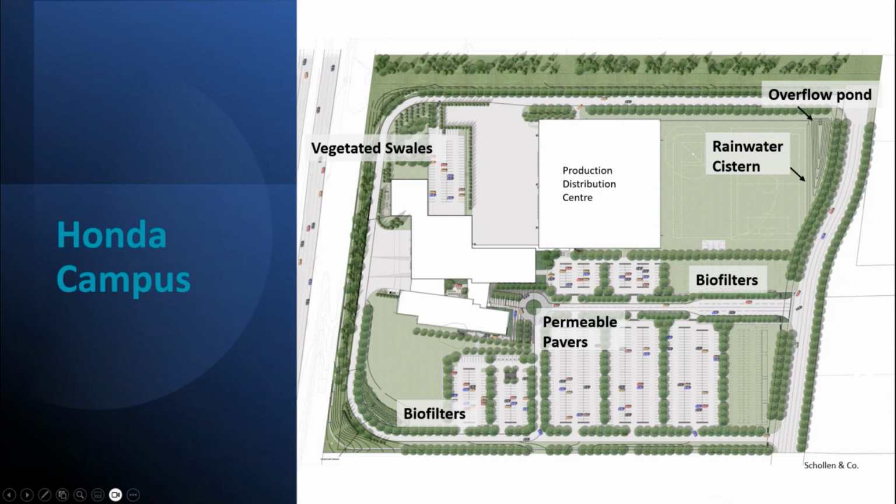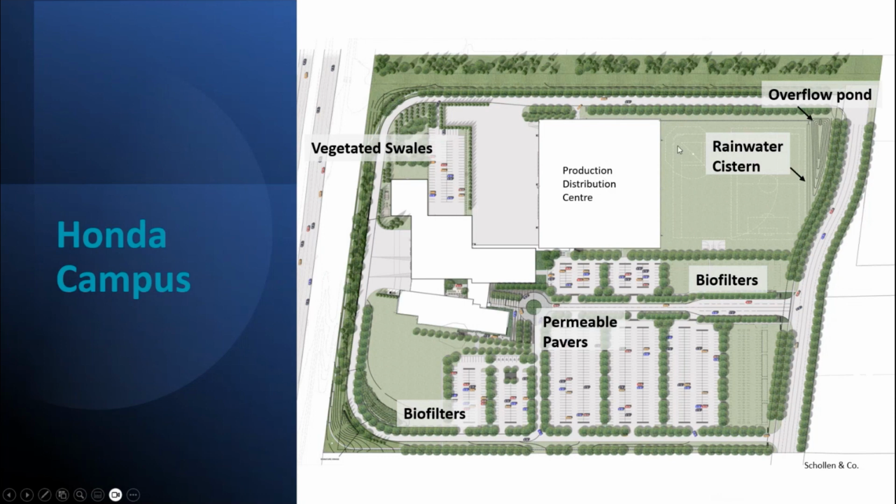The Production Distribution Center sends water, as we can see here, underground to a rainwater cistern buried below the soccer field through downspouts and scuppers and an underground conveyance pipe. So the rainwater cistern is actually located here, this entire system. And you can see the small dashed line.